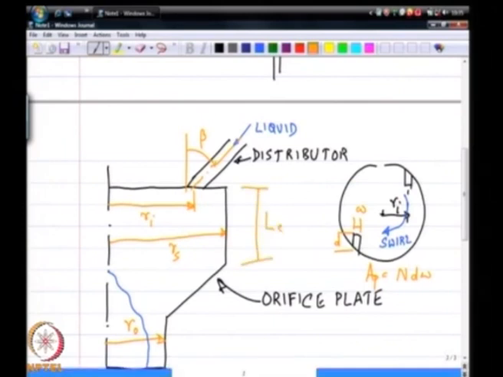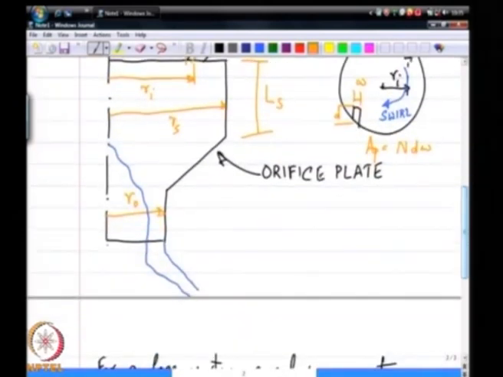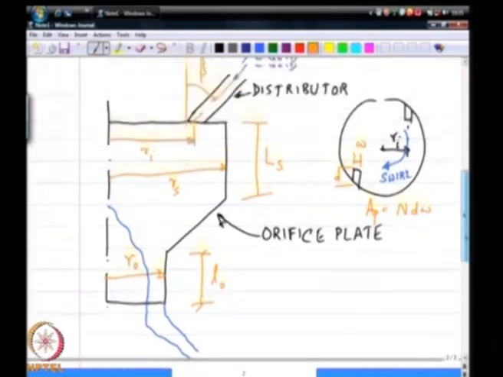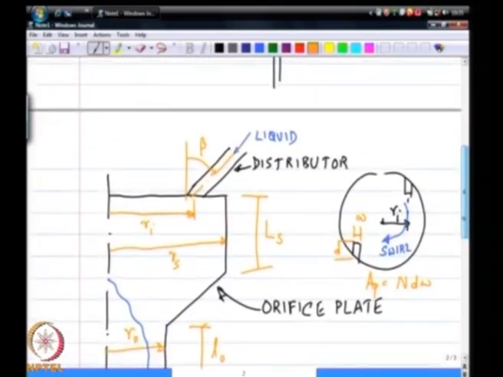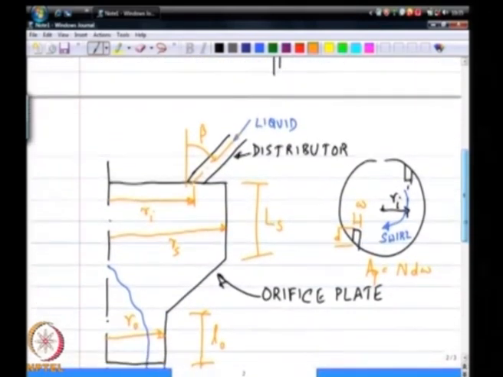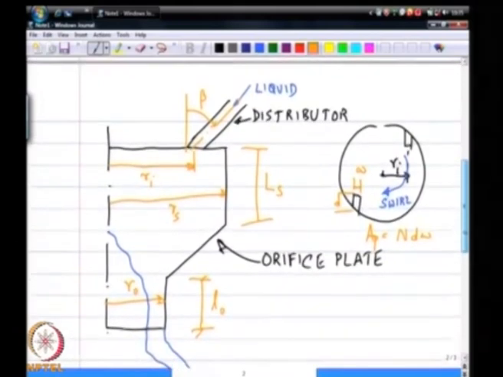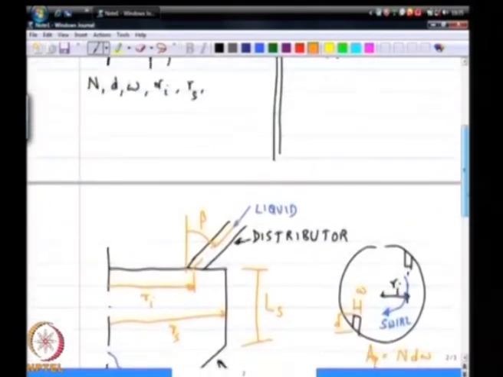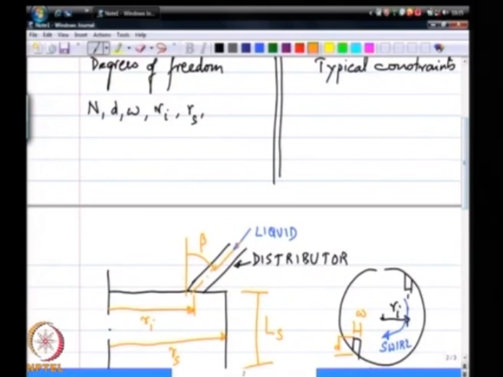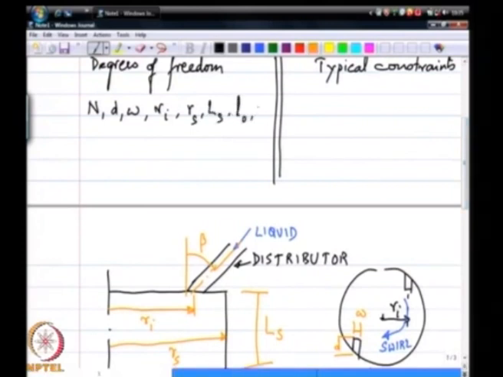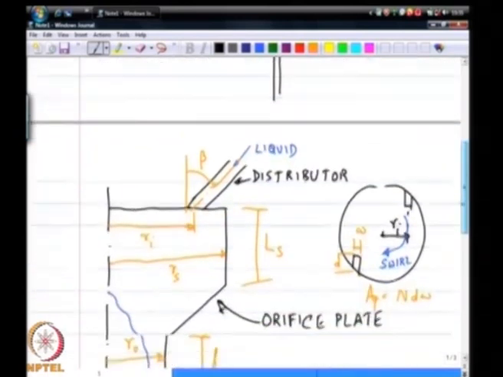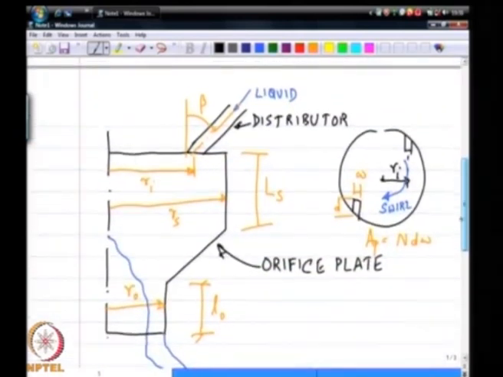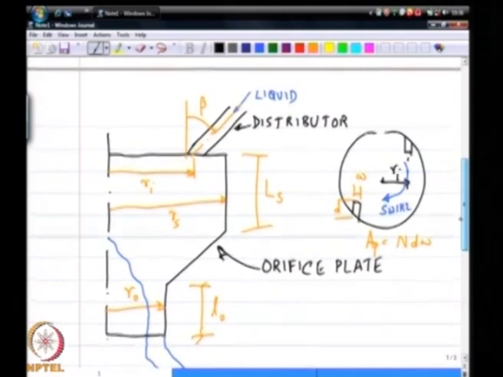If this is L S and if this is L O. So, L S is the length of the swirl chamber, L O is the length of the orifice, exit orifice, and of course, R O that I have shown here, which is the radius of the exit orifice.